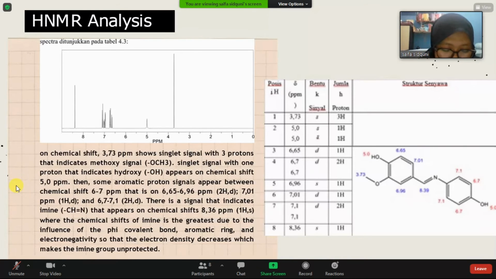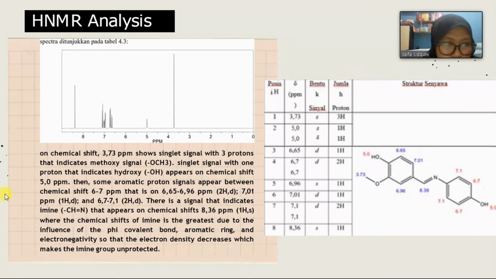The HNMR spectrum from the Schiff base synthesis product is shown below. At chemical shift 3.73 ppm, there is a singlet signal with 3 protons that indicates the methoxy signal. A singlet signal with 1 proton that indicates hydroxy appears at chemical shift 5 ppm. Then, some aromatic proton signals appear between chemical shift 6 and 7 ppm, that is at 6.65 until 6.96 ppm, 7.1 ppm, and 6.7 until 7.1.